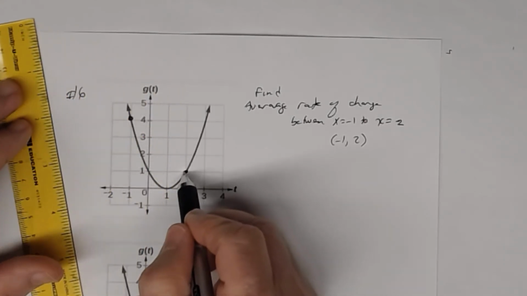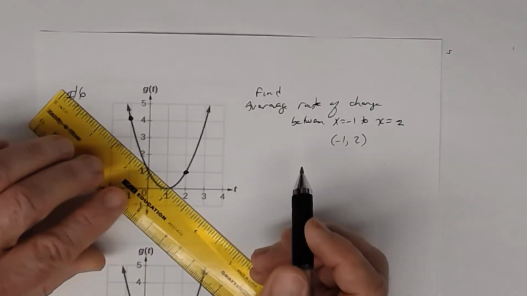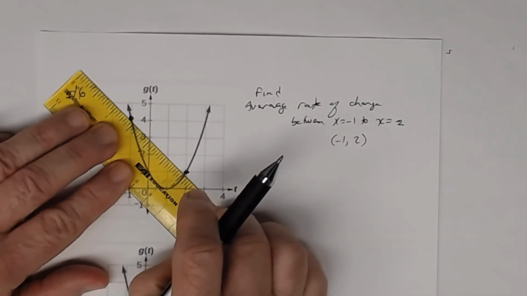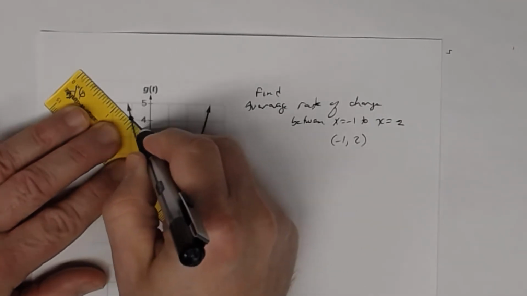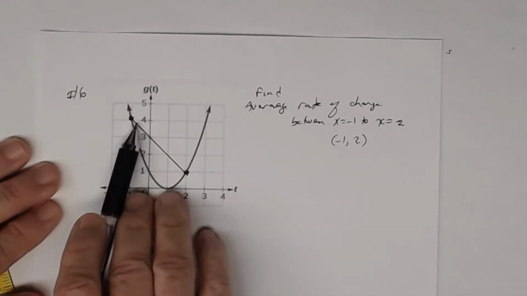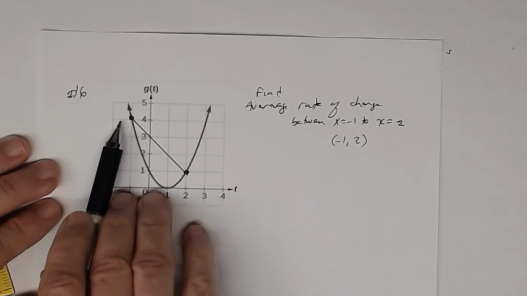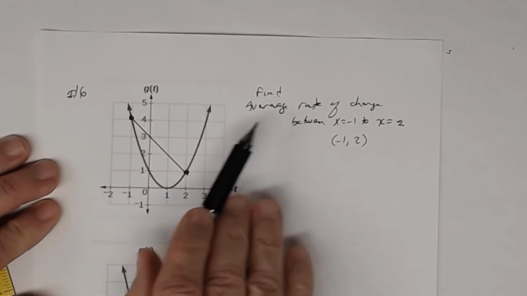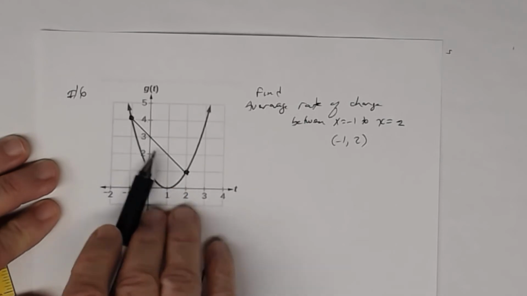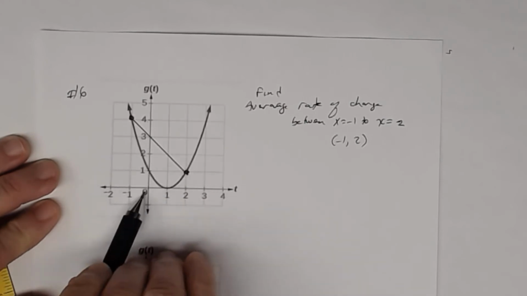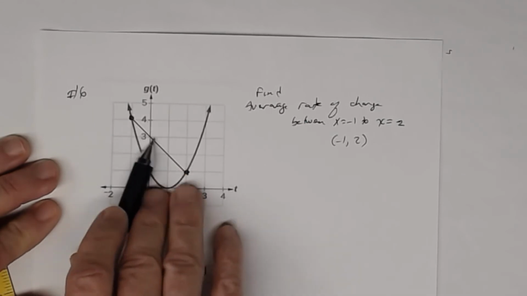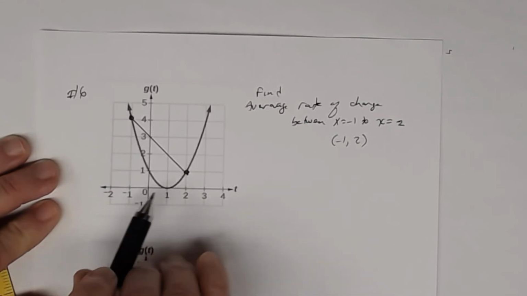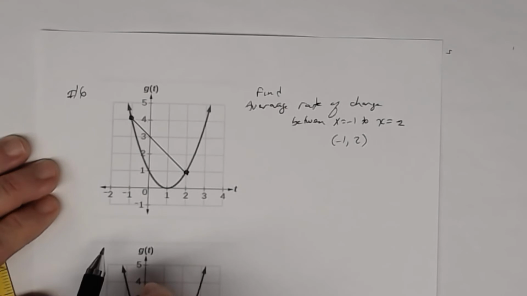If I connect those, that's the line we keep referring to. Notice that my line is falling, so the average rate of change needs to be a negative number.